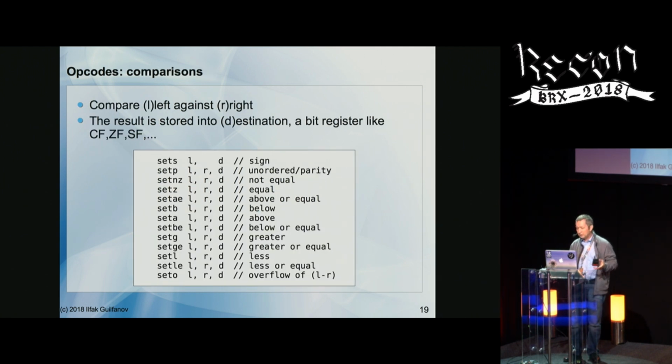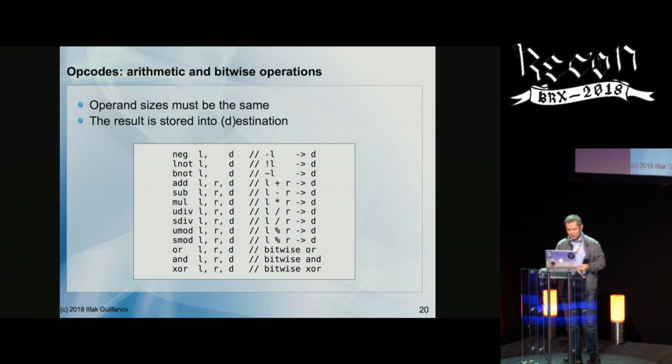Next, a set of comparison instructions. The comparison instructions all work the same. They compare the left operand against the right operand and store the result in the destination register. This is what we do to emulate processor condition codes like the carry flag and others. The arithmetic and bitwise operations are nothing special, just the standard set of operations without anything fancy.